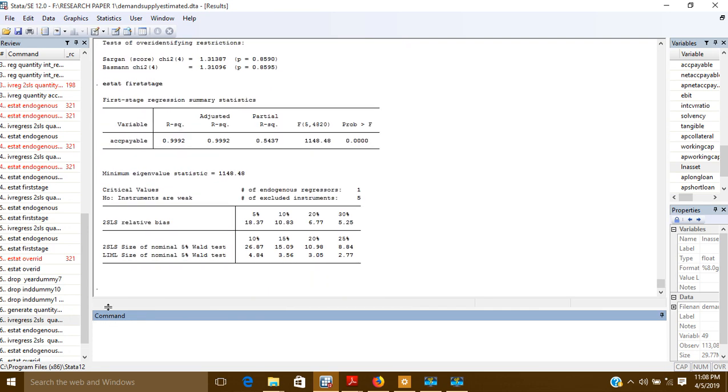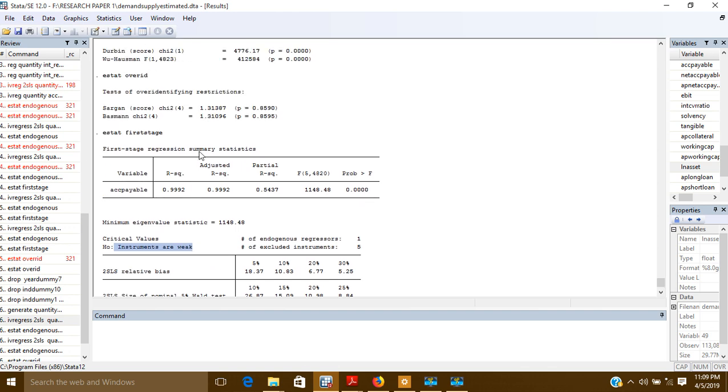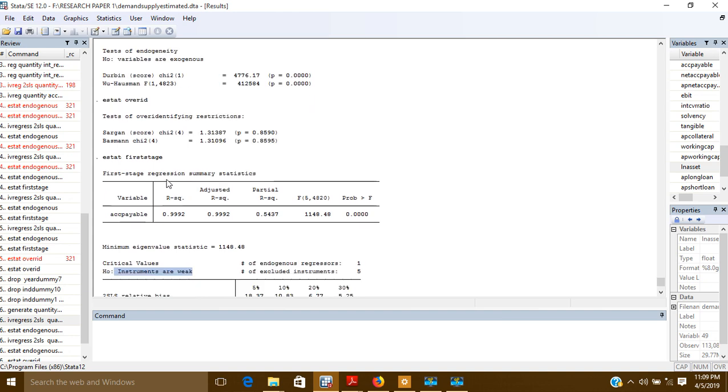Now here you will see that we have this first stage regression summary statistics, and here we have the minimum eigenvalue statistic, and after that we have the null hypothesis: instruments are weak. Okay, now what is the meaning of this R square?